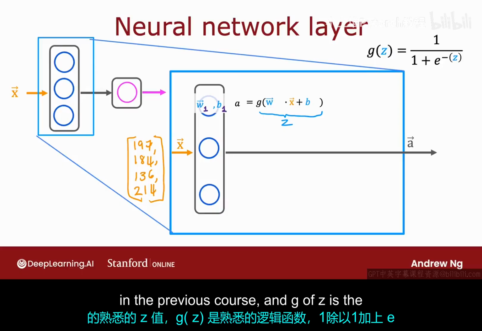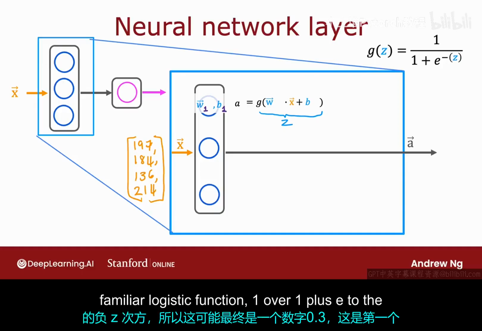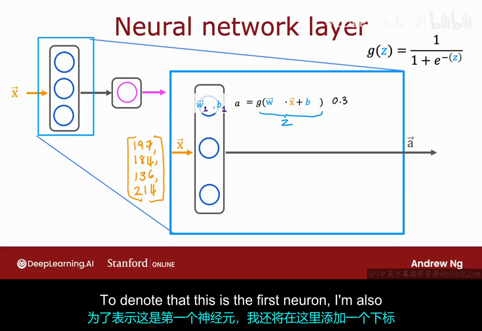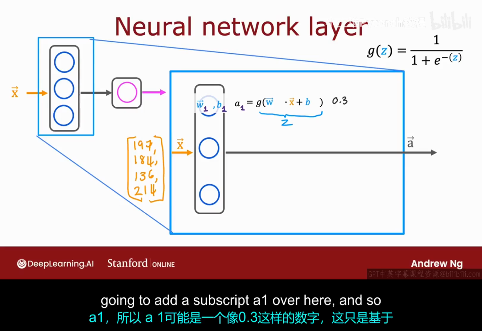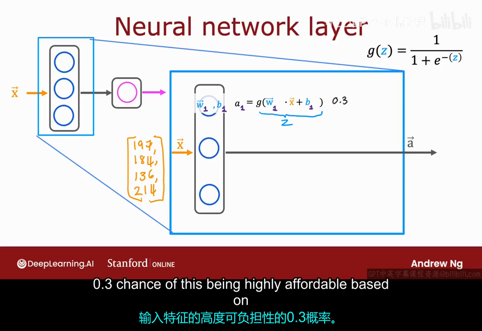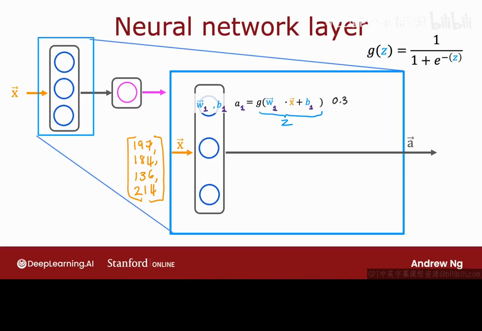And G of Z is the familiar logistic function, 1 over 1 plus e to the negative z. And so maybe this ends up being a number 0.3, and that's the activation value A of the first neuron. To denote that this is the first neuron, I'm also going to add a subscript A1 over here. And so A1 may be a number like 0.3. There's a 0.3 chance of this being highly affordable based on the input features.